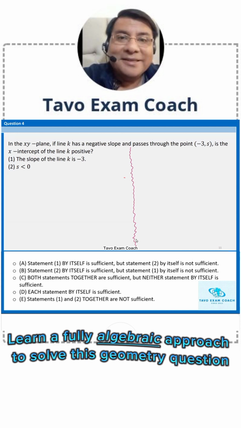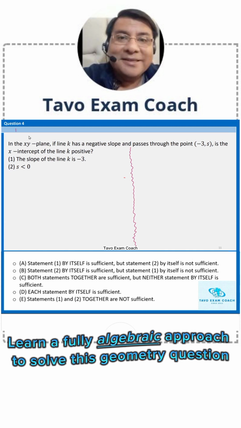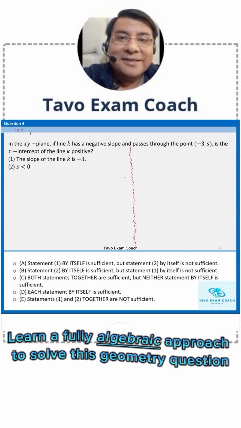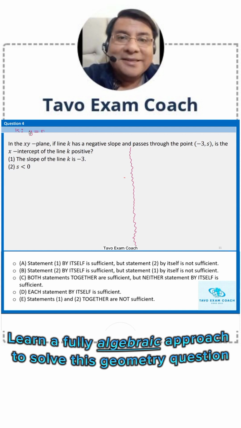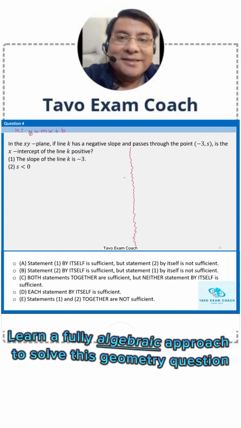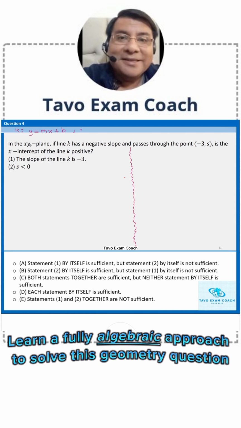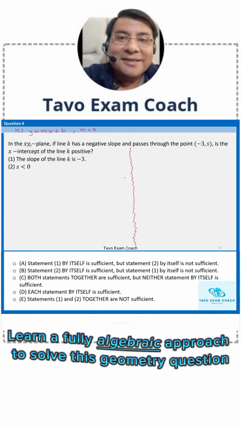What do we know about a line with a negative slope? Well, a line with a negative slope would have an equation like this: y equals m times x plus b. Saying that the line has a negative slope means that the value of m is negative.